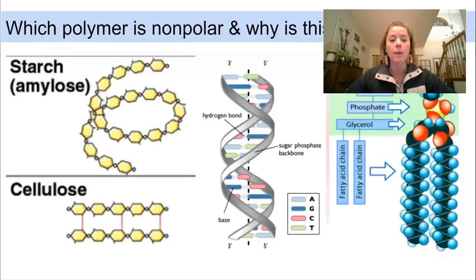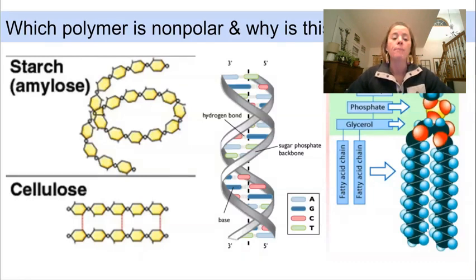When we look at polar and nonpolar molecules, where this really matters is, if you've watched some of the other lectures, as we start to pull these things together, our carbohydrate molecules, our DNA molecule, and the phospholipid bilayer, which is that last molecule out here.